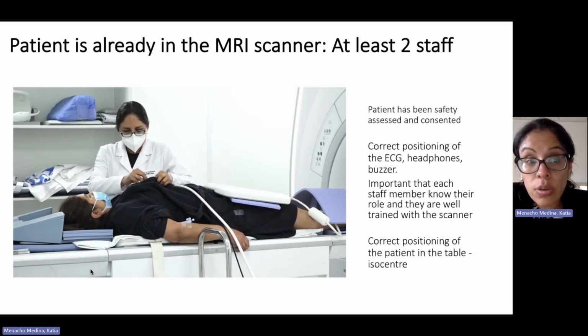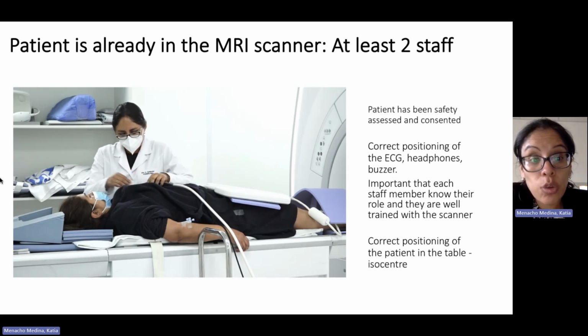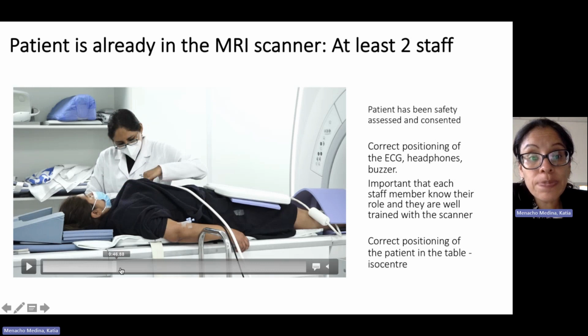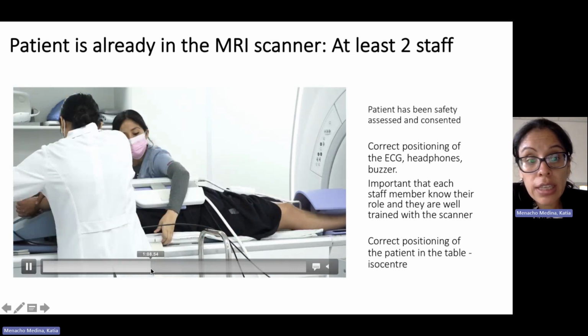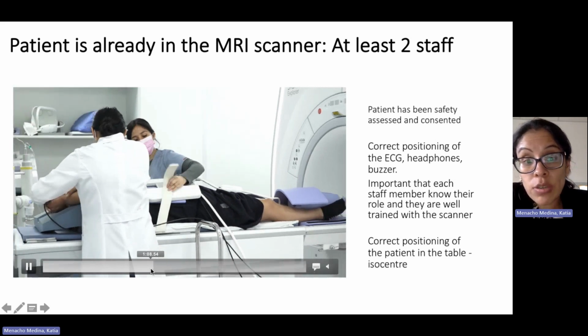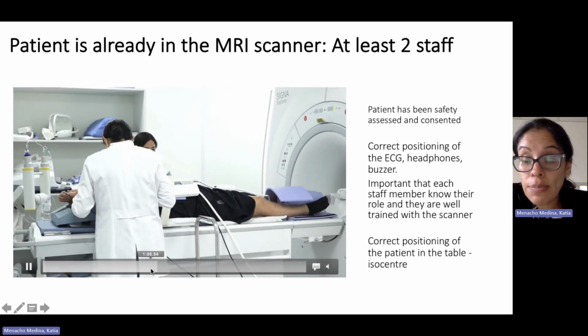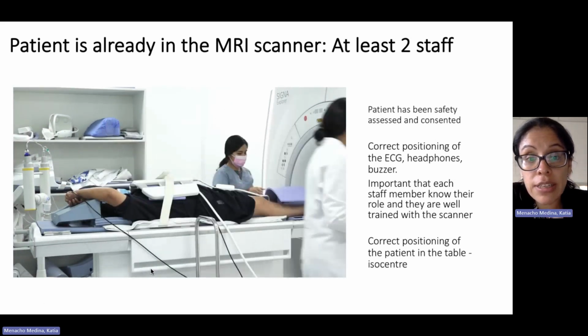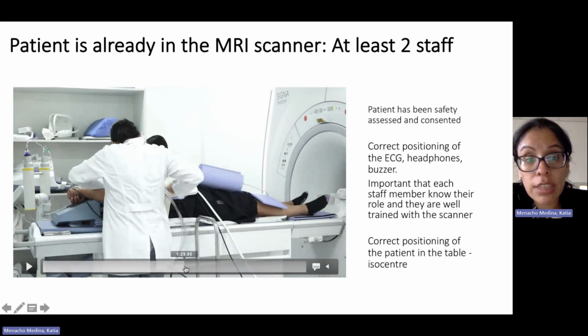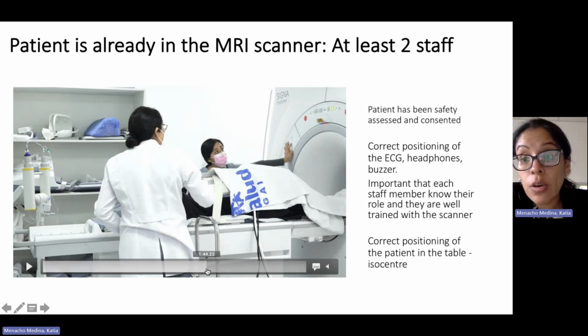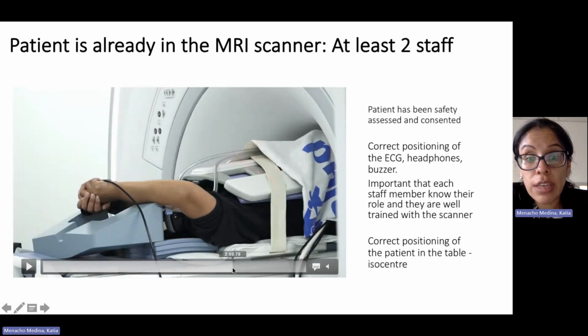Everyone needs to know their role, knowing how to correctly position the ECG. Sometimes there can be 3 or 4 ECG leads, and then a second person can put the coil, the headphones and the emergency buzzer, and they can do the ISO center correctly. And for that, they must be familiar with the correct positioning of the table.